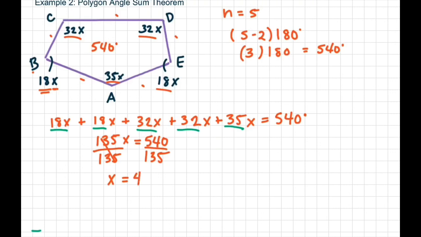So that means I'll have to plug 4 in everywhere there's an x for each one. So let's start with angle A. I'll use a different color. So angle A is 35 times x, or 35 times 4, since x is 4, and that will equal 140.